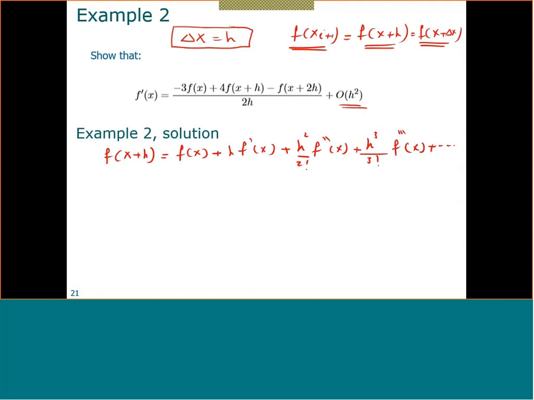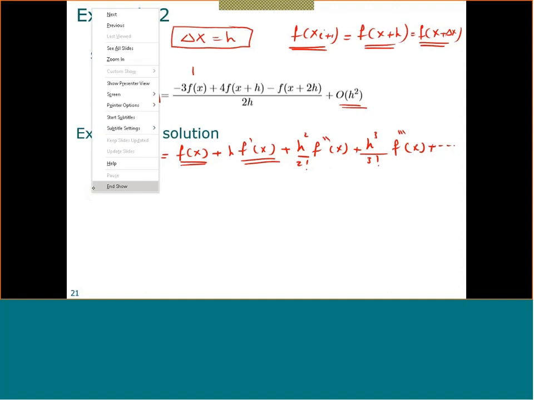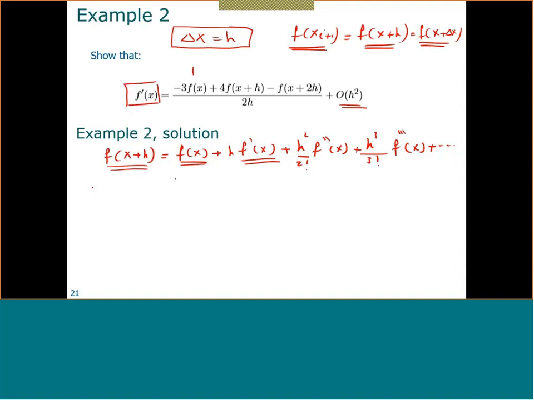Okay, excellent. Now what I want to do is represent f prime of x in terms of f of x, which is here, f of x plus h, which is here, and f of x plus 2h. So I have to define this, which is my f of x plus 2h.